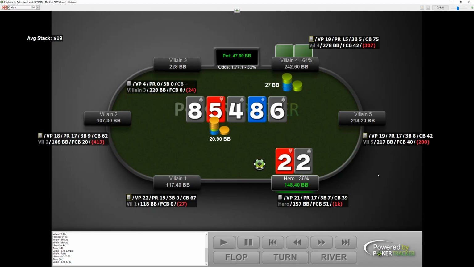So when our opponent overbets here, he's representing either a very strong flush or a full house. Now, we need to think about what full houses and what flushes our opponent would have here. Well, 8-5 bets the flop. 8-4 bets the flop. 8-6 is a reasonable full house that our opponent could have backed into, that he may have considered checking the flop with.